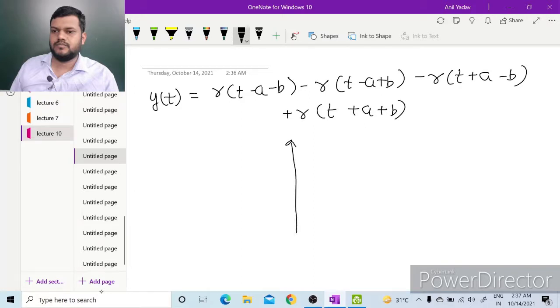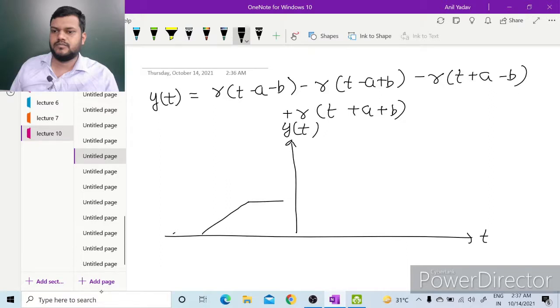So we can see yt: we can plot these ramp functions, and this is a trapezoidal waveform from minus a minus b to a plus b, and this is minus b plus a, this is b minus a, and its amplitude is 2a and the slope is also 2a.